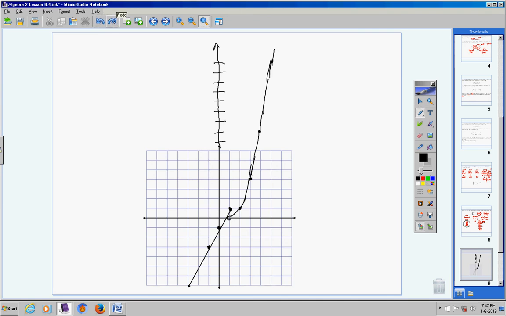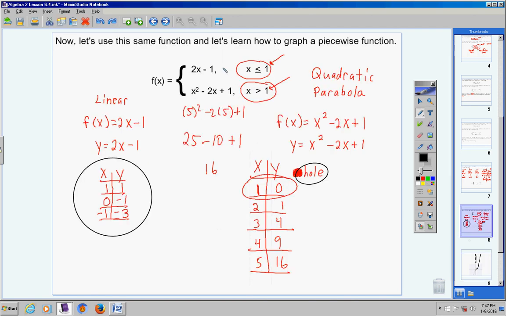I mean, I'm not the best teacher in the world, but I really can't make it any easier than that, okay? It all comes down to first taking your piecewise function and breaking it up into pieces. Then writing down what kind of graph we are dealing with, a linear, a quadratic, absolute value, what kind of graph is it?